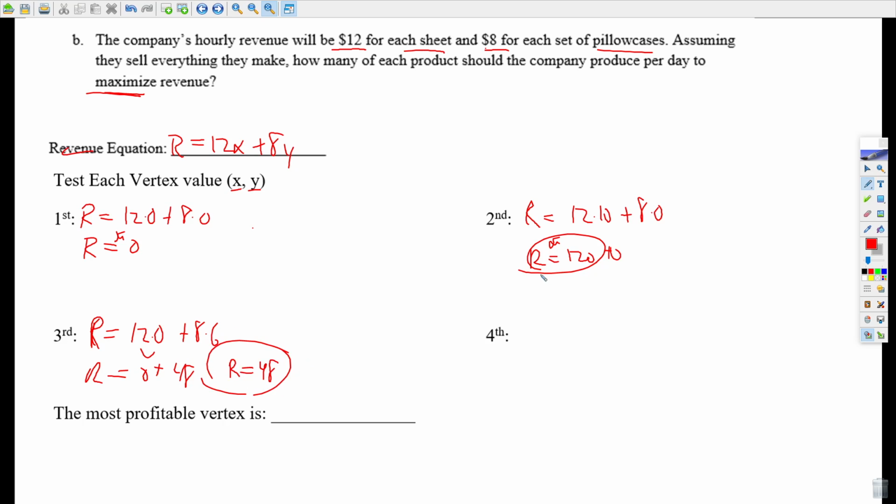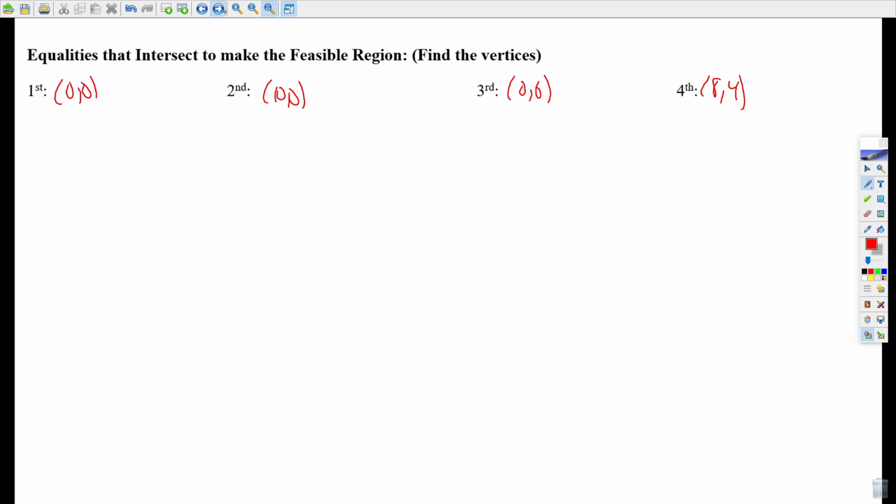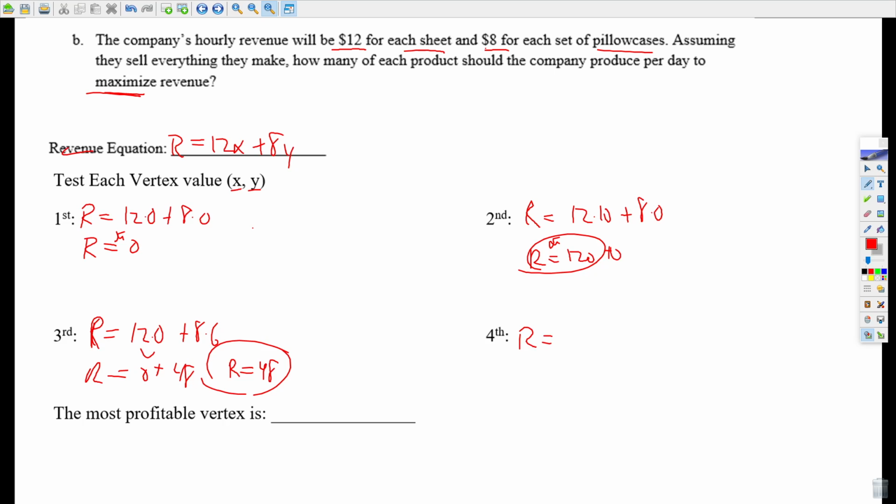Not as much as we want, not as much as the 120. And the last combination we had was 8, 4. So the revenue is $12 times 8 bed sheets, plus 8 times 4 pillowcases. So that would be 96 plus 32, and that is $128.